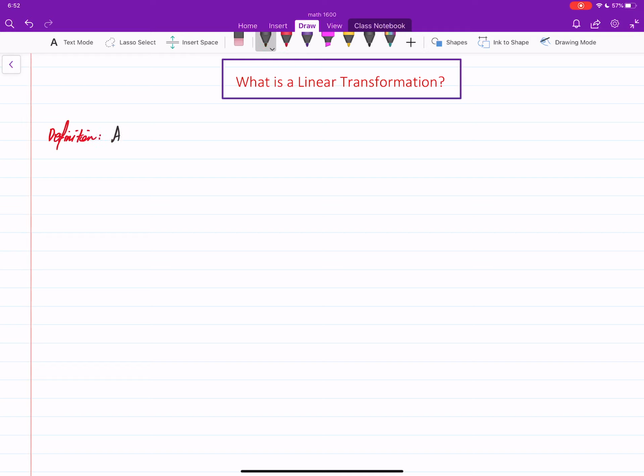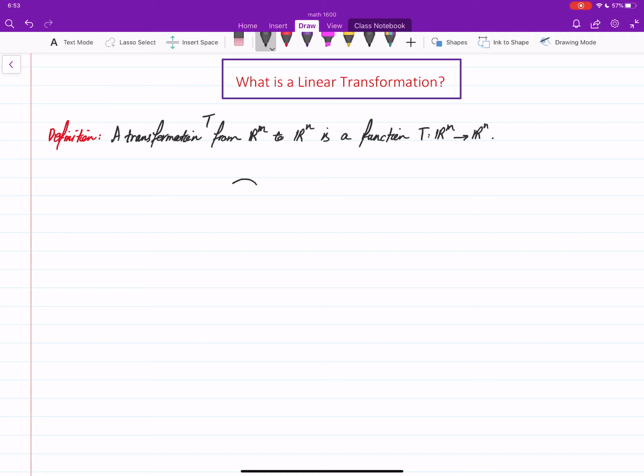So a transformation T from some Rm to Rn, they may have different dimensions, is a map, a function from Rm to Rn. What does it mean?